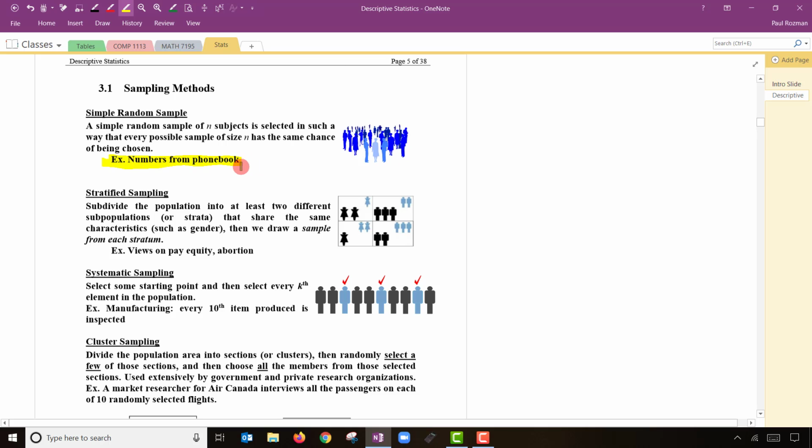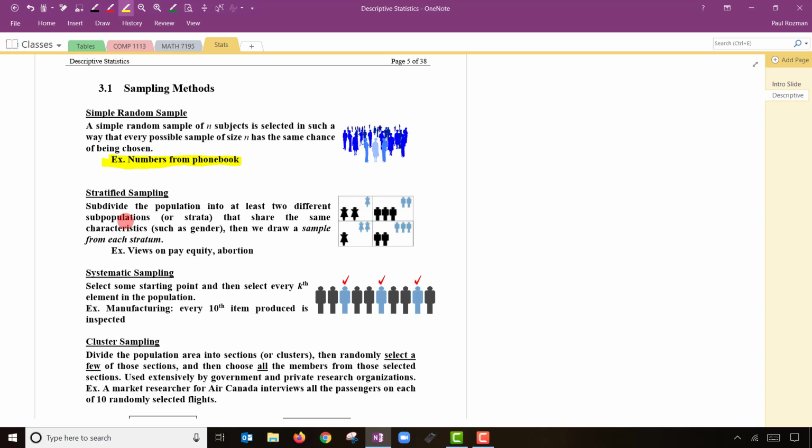Randomly pick numbers from a phone book. What's a phone book? So some of these things are getting kind of dated. So that's probably the most common sampling procedure, just a random sample. It's very desirable.